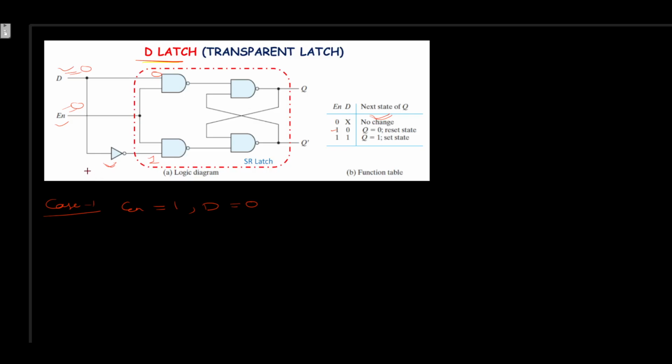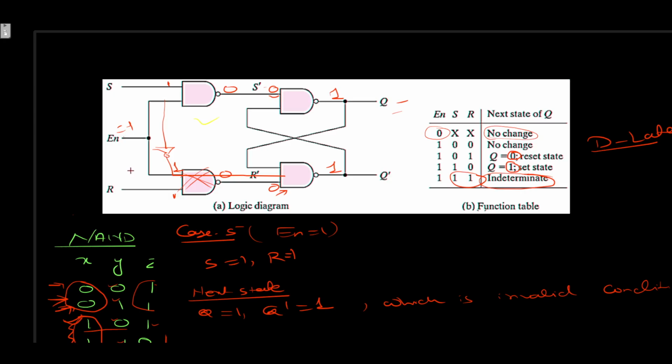Now if we compare the scenario with the SR latch, in the SR latch here the value is 0 and here the value is 1. We can see in the SR latch, if the values are 0 and 1, then Q is in the reset state.